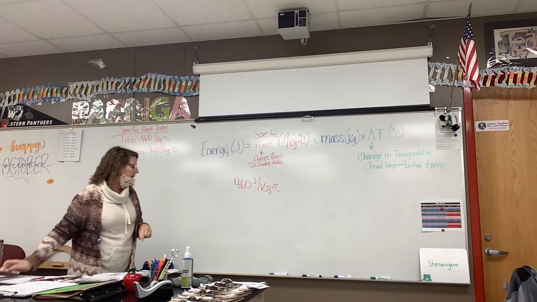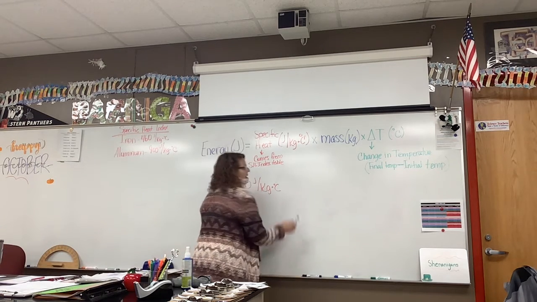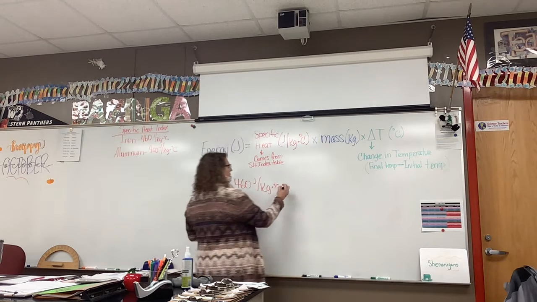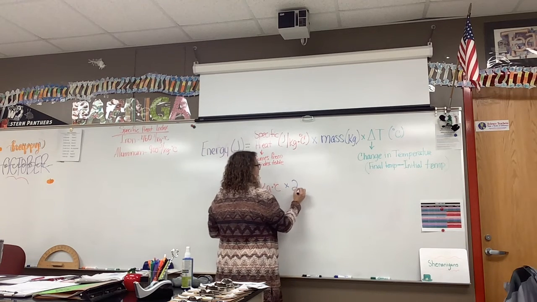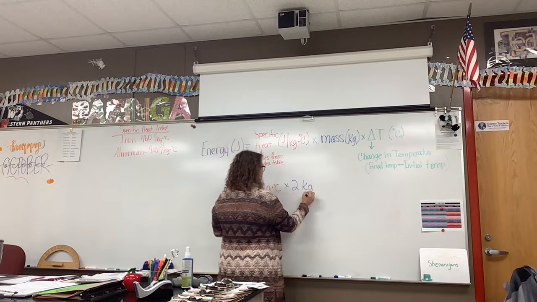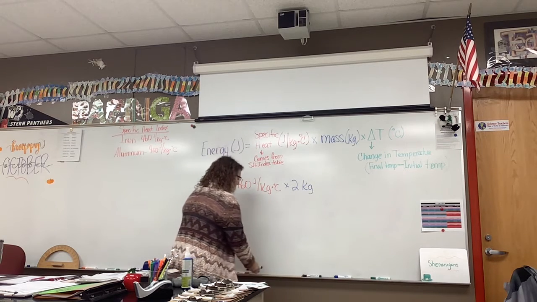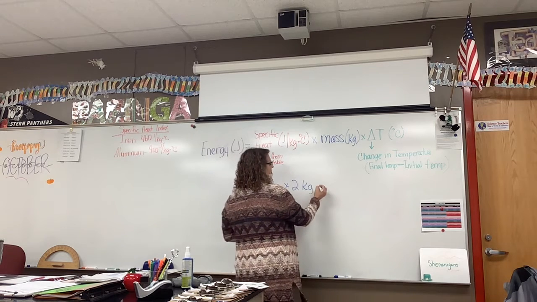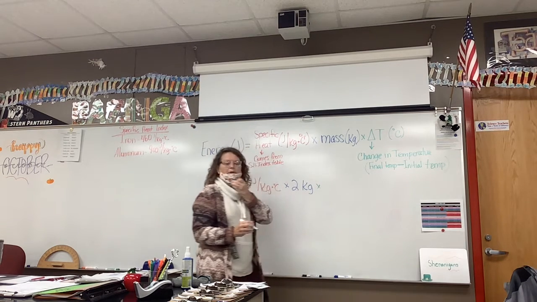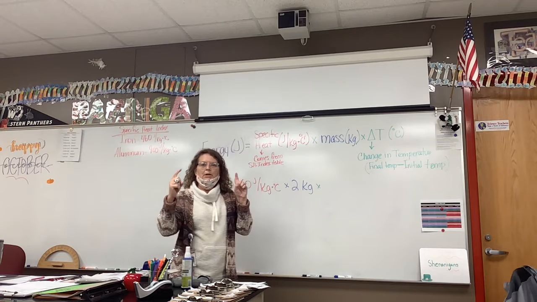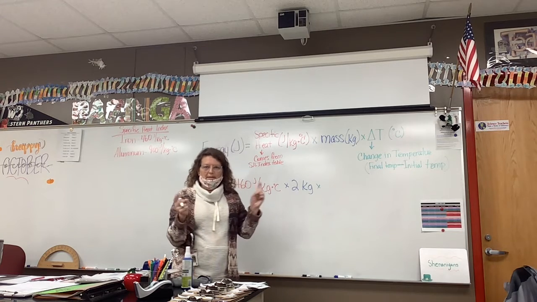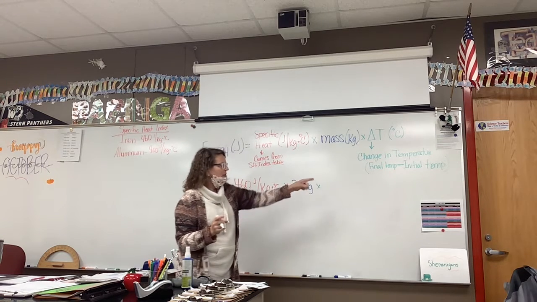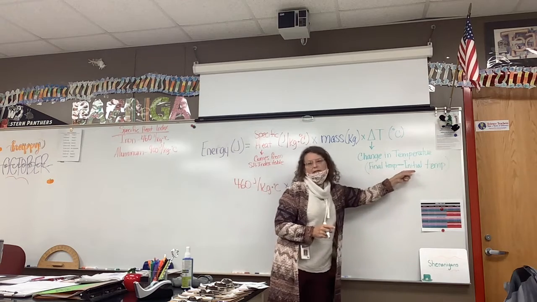It said I have a mass of 2 kilograms, so I multiply that times 2 kilograms. And then you multiply it times the change in temperature. I'm going to show you how we get the 10 degrees. It's the final temperature minus the initial.